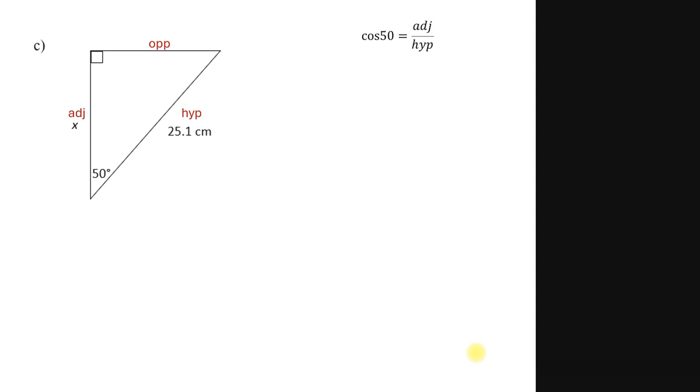So we can say the cosine of 50 equals adjacent over hypotenuse. Specifically for this triangle, we can say the cosine of 50 equals x over 25.1. X will therefore equal 25.1 times the value of the cosine 50.